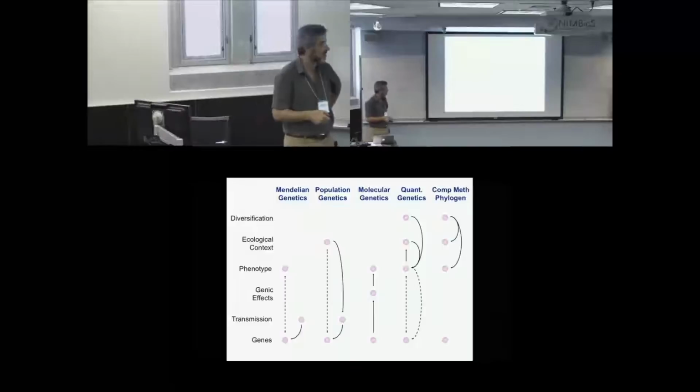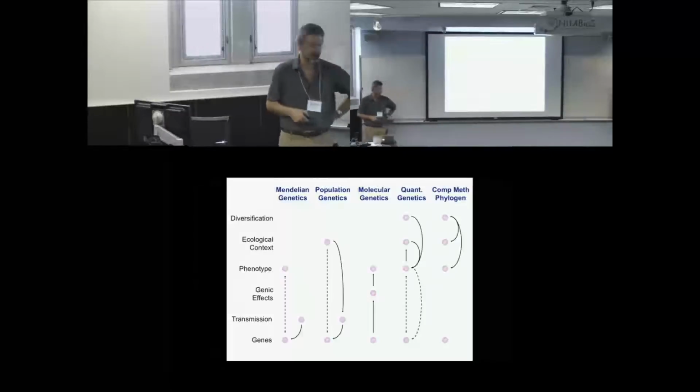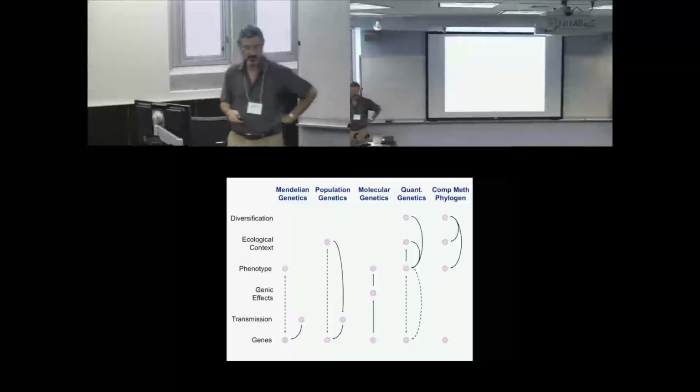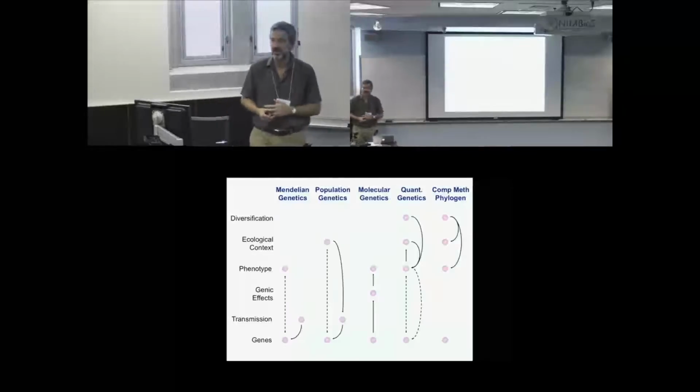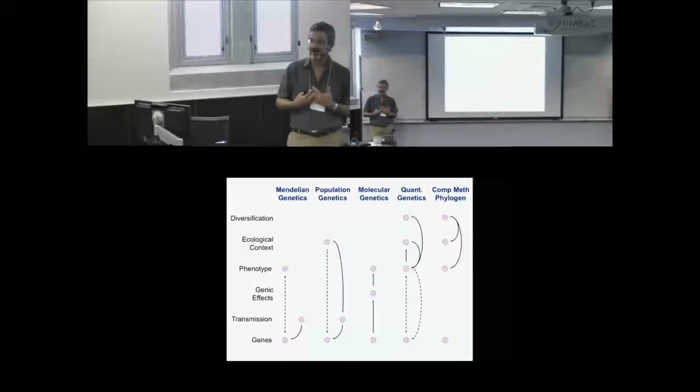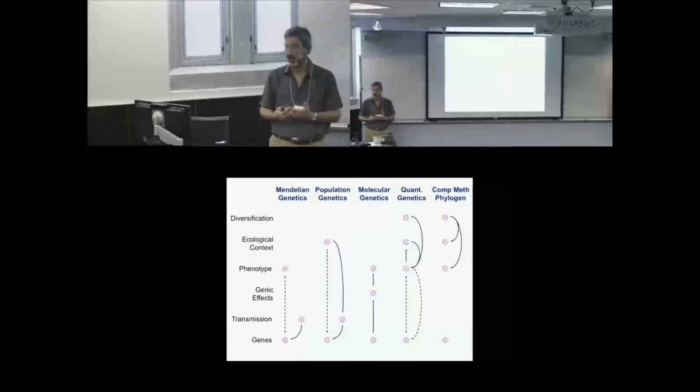That may still be valid. And then we have comparative phylogenetic methods, which is really interested in making these connections among phenotypes and diversity at one level, and then sometimes you use genes to infer phylogenies, but not a connection. So one of the things I want to emphasize is that, as far as I know, evolutionary quantitative genetics is the only coherent conceptual framework for all of biology that puts all these things together.